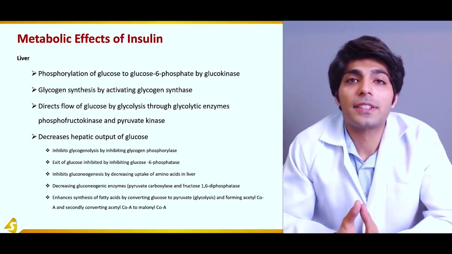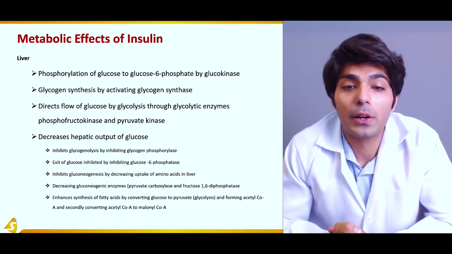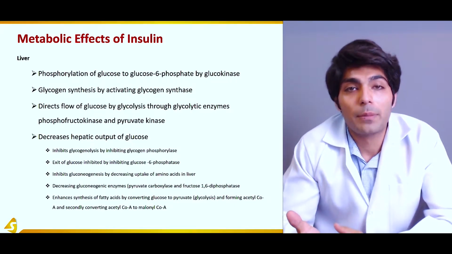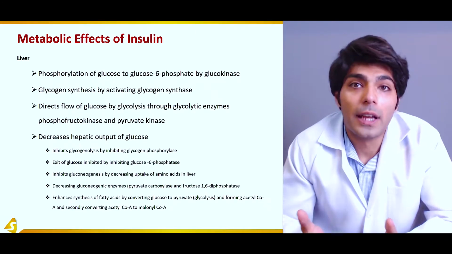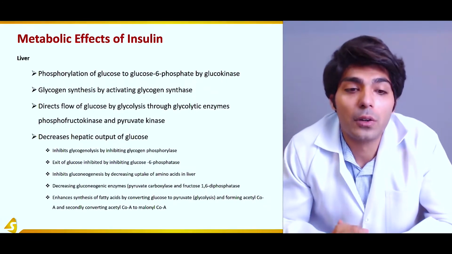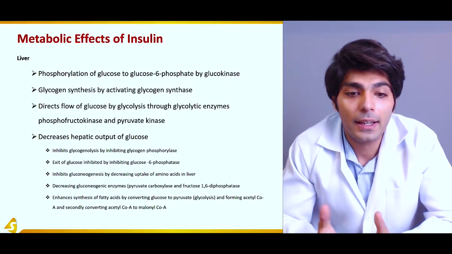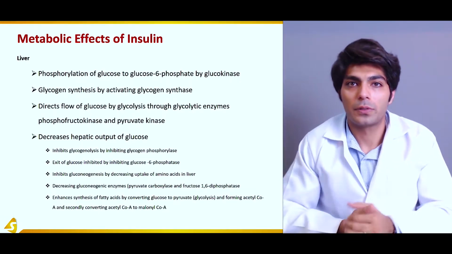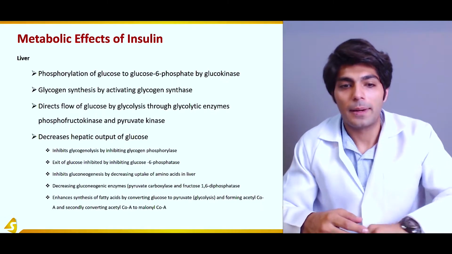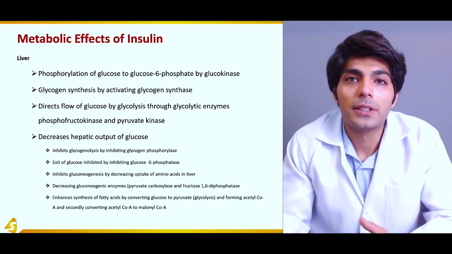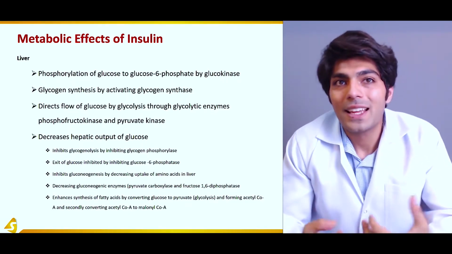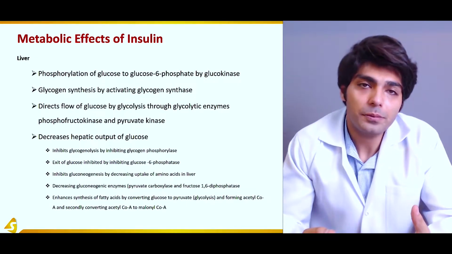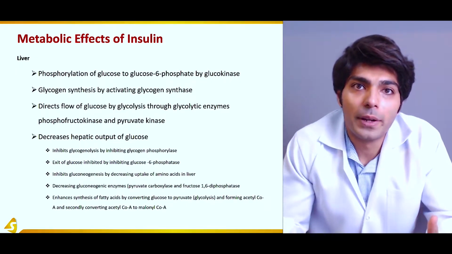It enhances the synthesis of fatty acids by converting glucose to pyruvate with the glycolysis process and forming acetyl coenzyme A, and secondly converting acetyl CoA to malonyl CoA. So there is no formation of keto acids, since fatty acids are being synthesized.